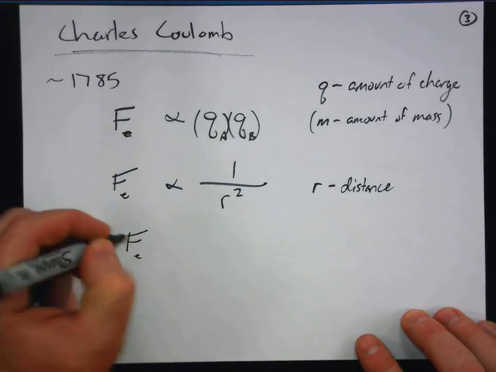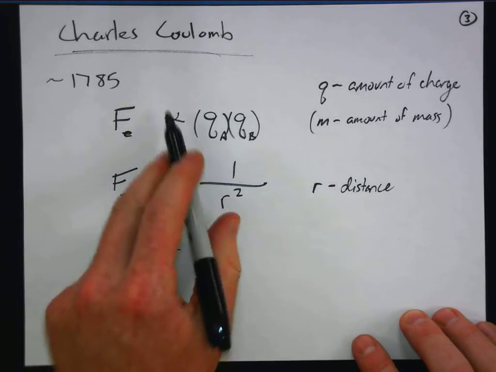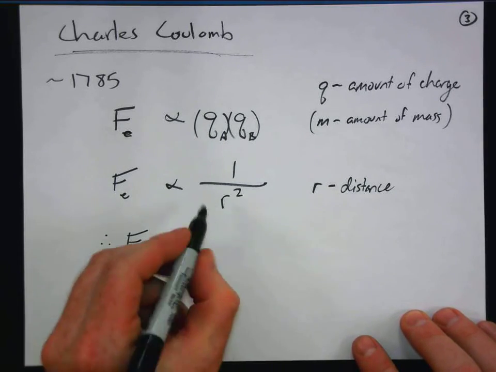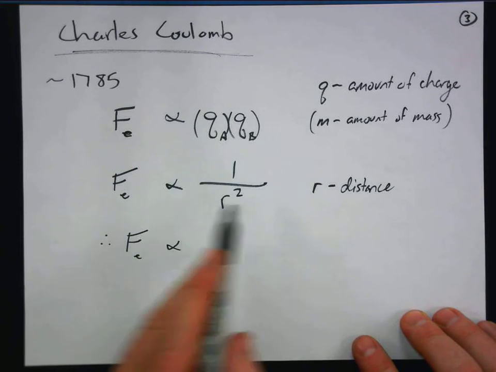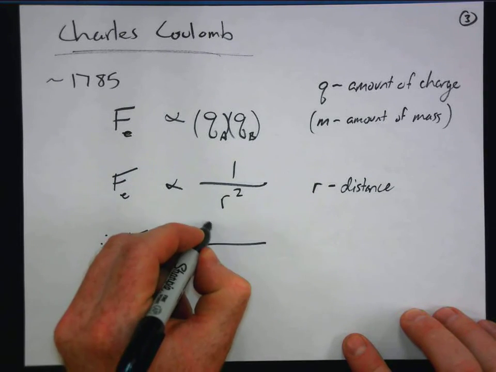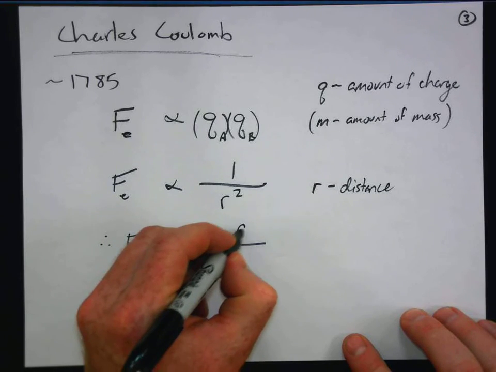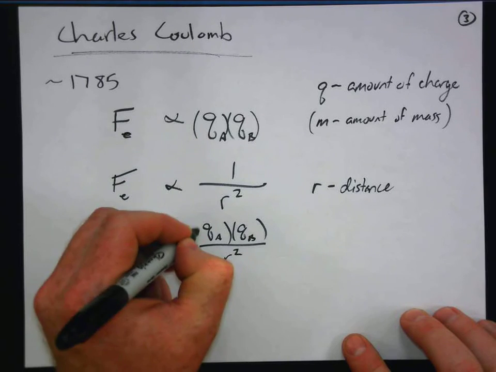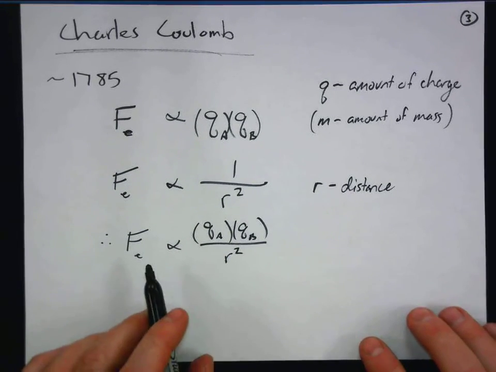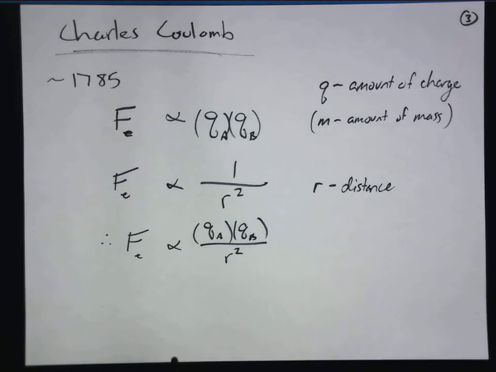There's one more proportionality we can talk about. We haven't written an equal sign yet. That's coming. We can say charge A and charge B, and then we divide by r squared. Okay, so it's not yet an equation, and there's a reason for that.